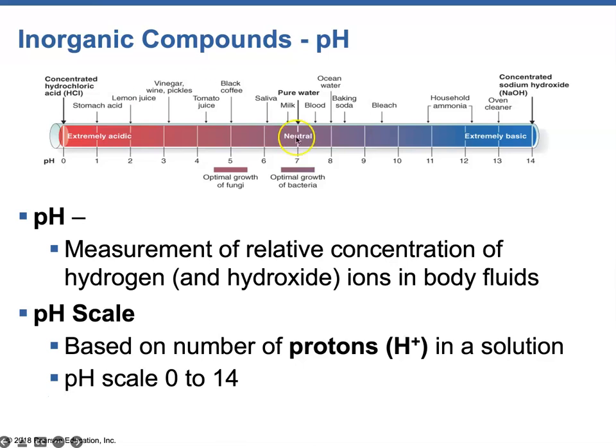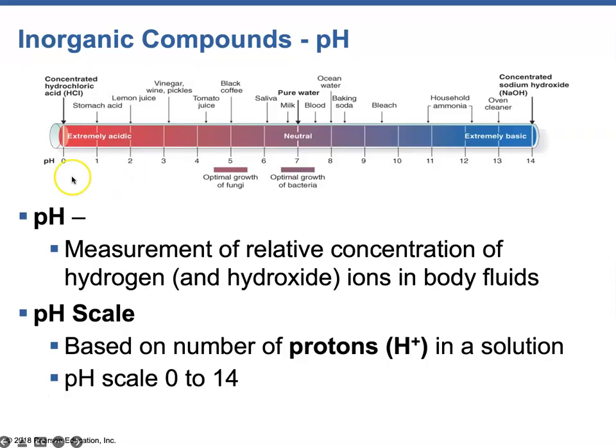When we go over here to the base, this now means that we have a very low number of hydrogen ion and a much higher number of the hydroxyl. But remember, pH has to do with percentage of hydrogen ion concentration.